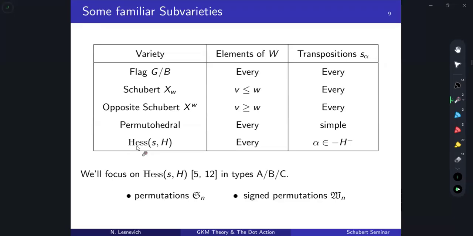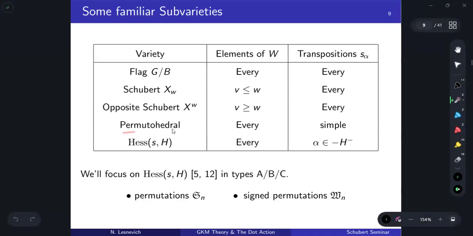If I want to do this for a Schubert variety, I can take all of the T fixed points that are contained in my Schubert variety, so V for all V less than or equal to W, and I'm still able to connect them with any right multiplication by a transposition that I want to use. Opposite Schubert varieties work the exact same way, just on the other side: you take all V greater than or equal to W, and you're still connecting with every edge that you can.